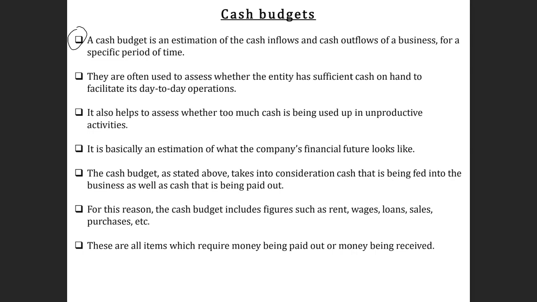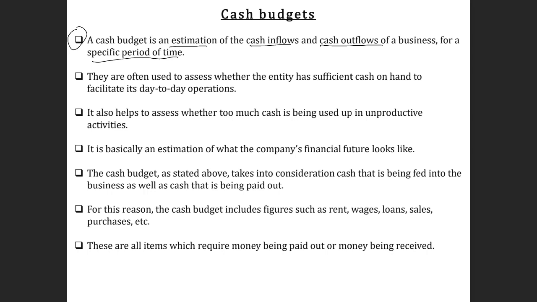It's an estimation. It's basically a financial plan, but it is an estimate. It's not exact. So it's an estimation of the cash inflows and the cash outflows of a business for a specific period of time. And again, it's also known as a financial plan. So when we look at a cash budget, we're basically looking at all of the ways that funds come into a business.